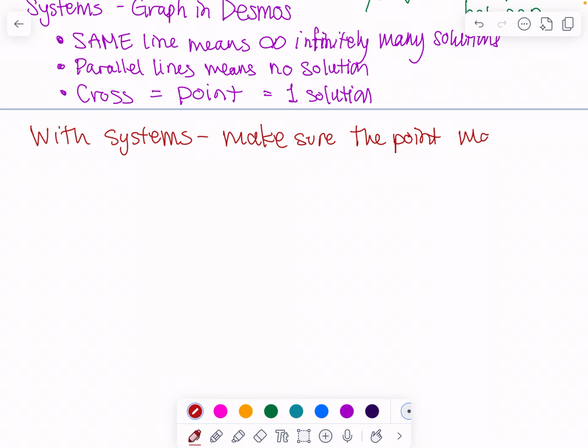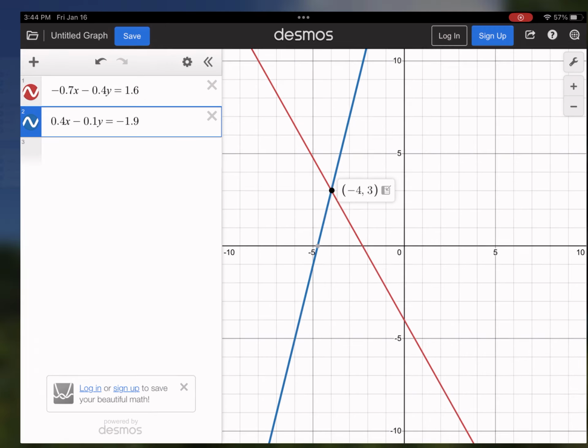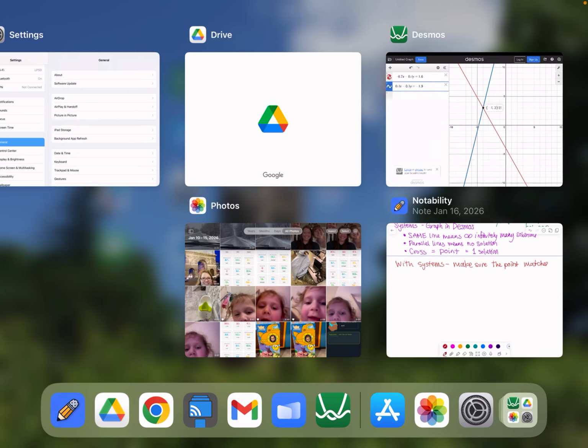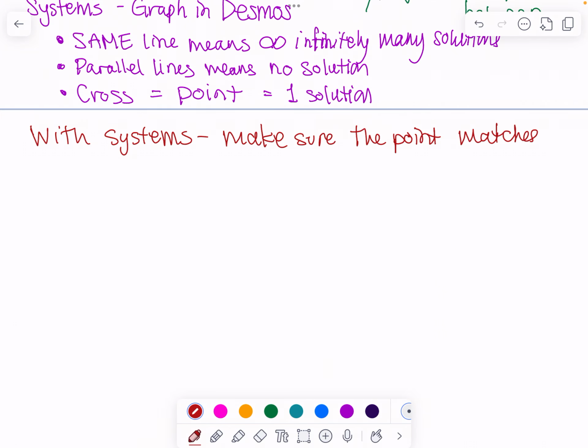So in Desmos, where those crossed, see how I have negative 4, 3 for the point? You want to make sure it matches the negative 4, 3 when you're graphing it. Okay, I think that's all we needed right there. Let's do the next one.